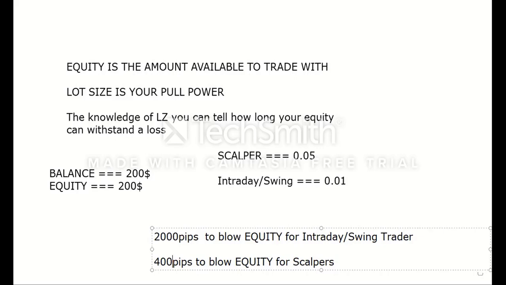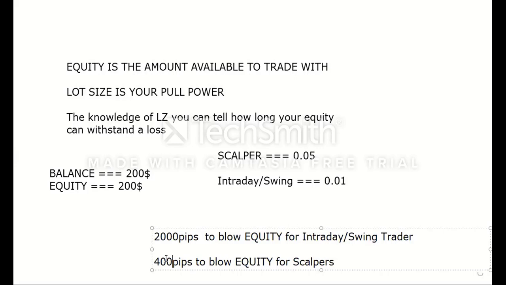Since a scalper targets shorter pips and has short-term goals, on a $200 account with a 0.05 lot size, it will take 400 pips to blow your equity. As an intraday or swing trader, sticking to a micro lot size, which is 0.01 for a $200 account, it will take you 2,000 pips. That's why I recommend a $200 account to start with, because it is literally impossible for you to blow 2,000 pips in just a day.